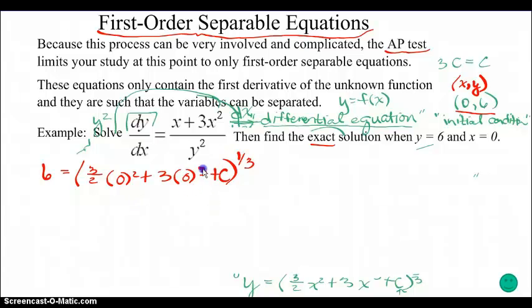Now I want to solve for c. So I'm going to cube both sides. That's 6 cubed equals, this term is 0 and that term is 0. So that's c.